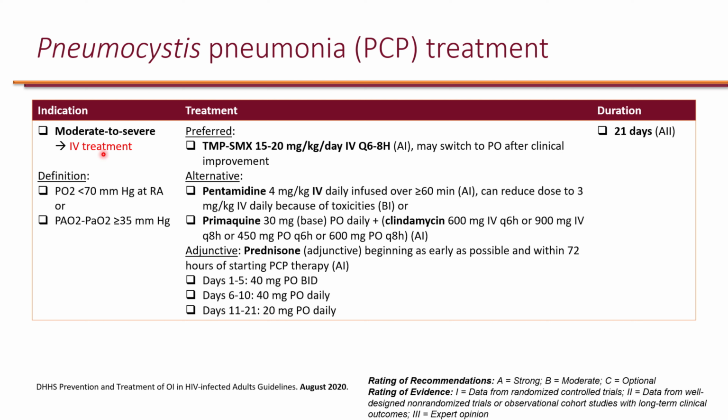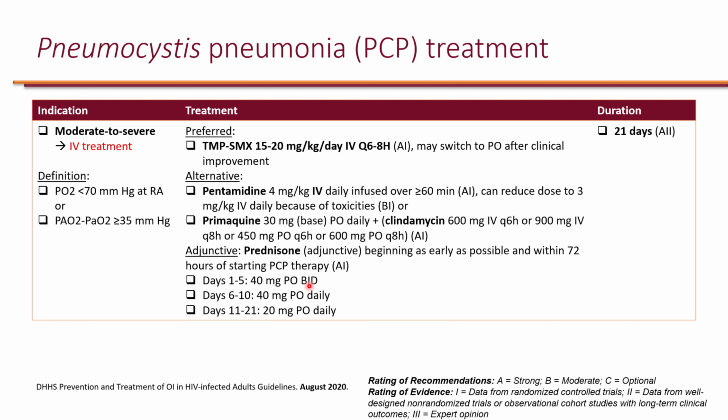And for these patients where either the PO2 is less than 70 or the alveolar-arterial oxygen gradient is greater than 35, these patients also need prednisone. So this is adjunctive. So in addition to what you're giving for treatment, so if you're giving Bactrim, these patients also need prednisone for 21 days.